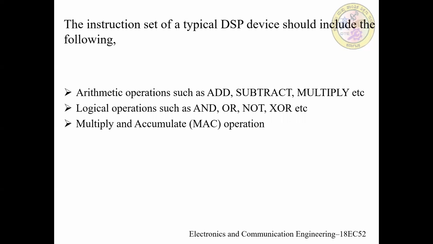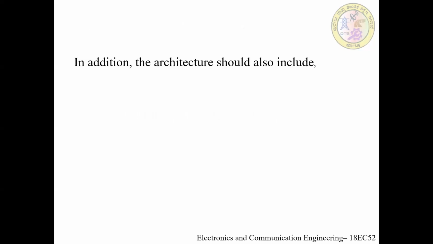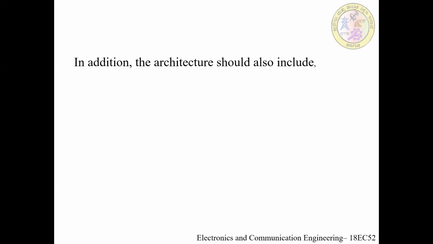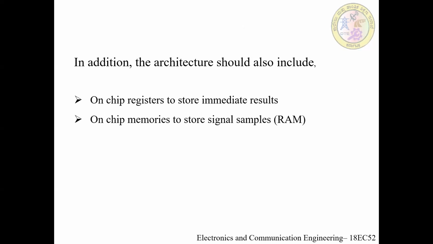It should do the multiply and accumulate operation, and it should have an instruction set that supports our signal scaling operation. Along with these instructions, it has to have on-chip registers for storing immediate results, on-chip memories to store signal samples, and on-chip memories to store filter coefficients.